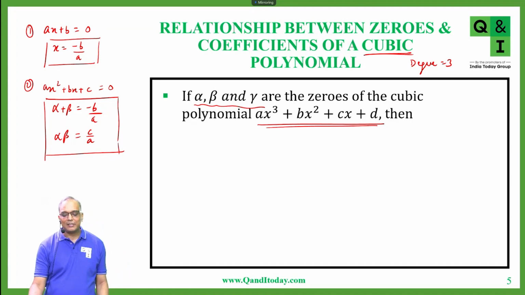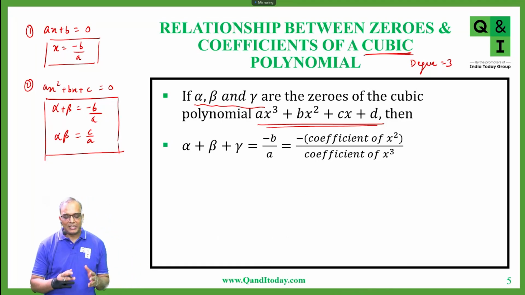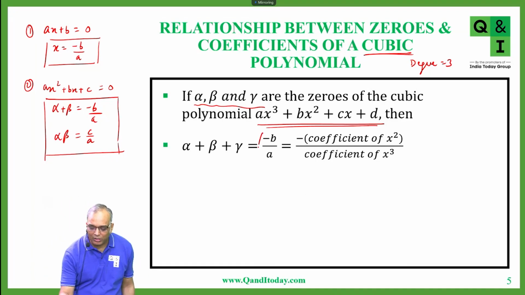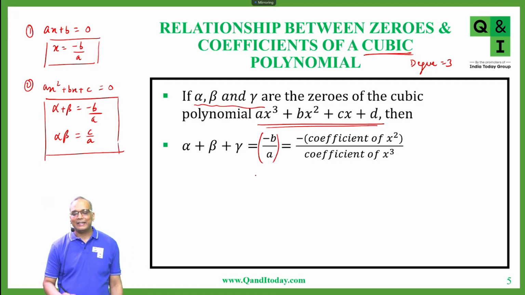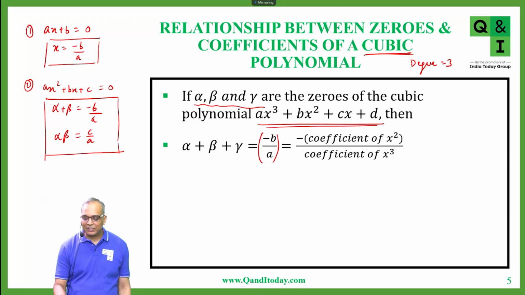Now the relationship between zeros and coefficients of a cubic polynomial is: the sum of the zeros, that is alpha plus beta plus gamma, is equal to minus b over a, that is the negative of the coefficient of x square by the coefficient of x cube. You can see the coefficient of x square is b and the coefficient of x cube is a.